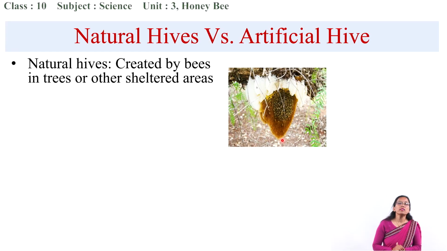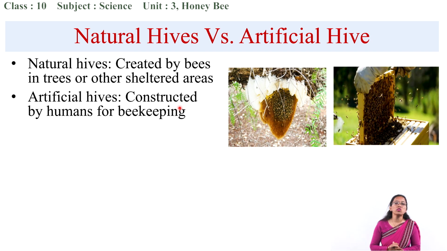Next, see what the differences are between natural hives and artificial hives. Natural hives are created by the bees in trees or other sheltered areas. Not only trees, they construct hives in houses also. That means wherever they feel it is safe, they construct their hive. The next one is the artificial hive, constructed by humans for beekeeping.